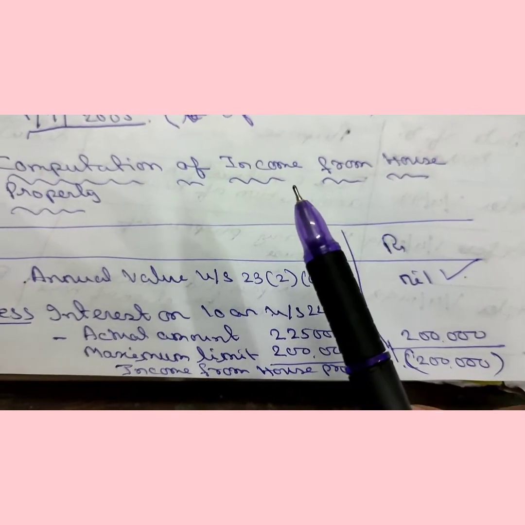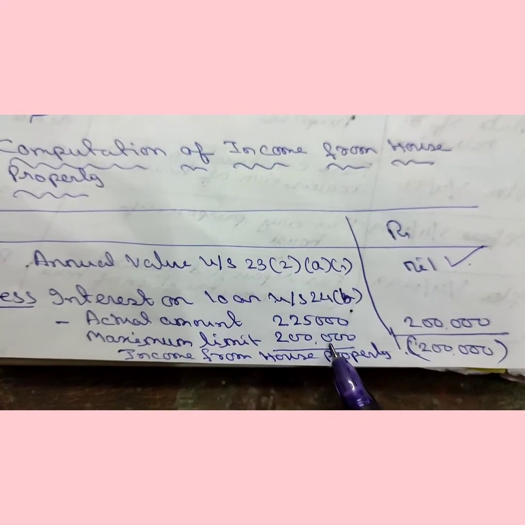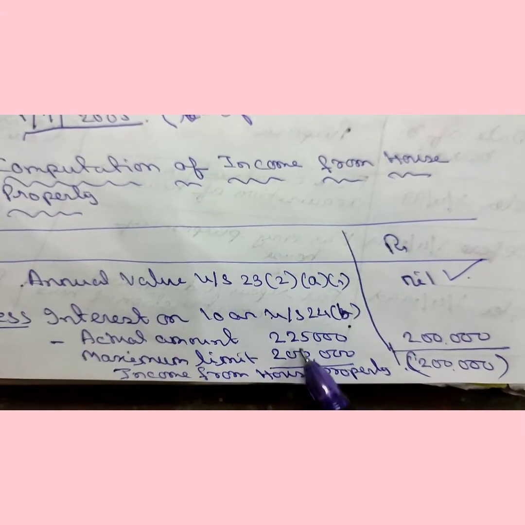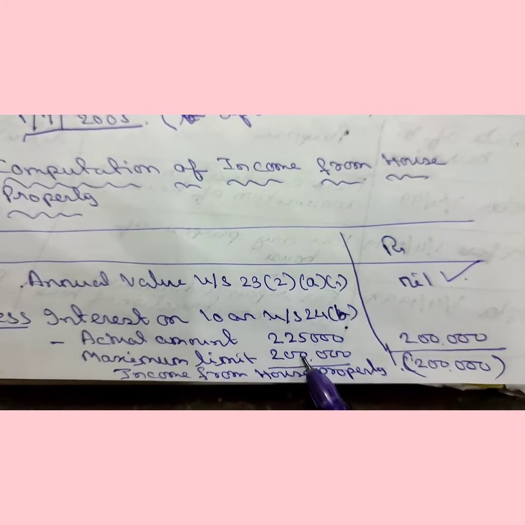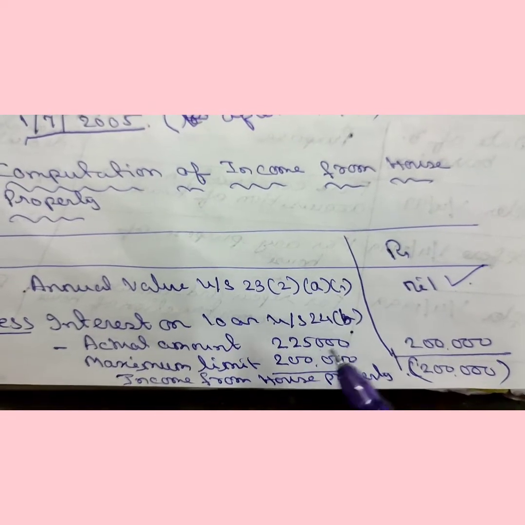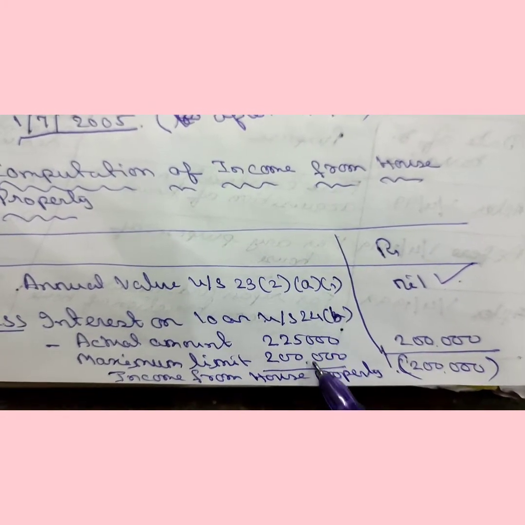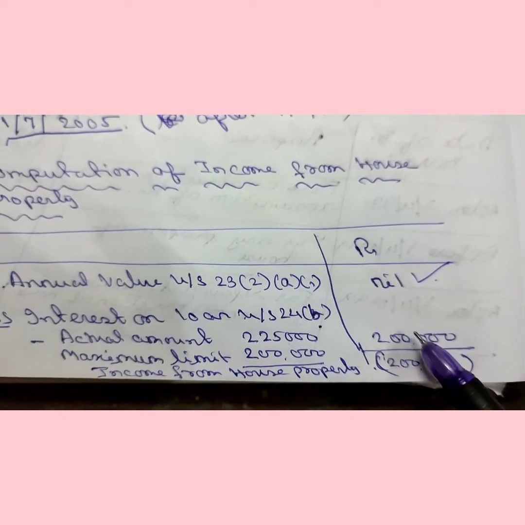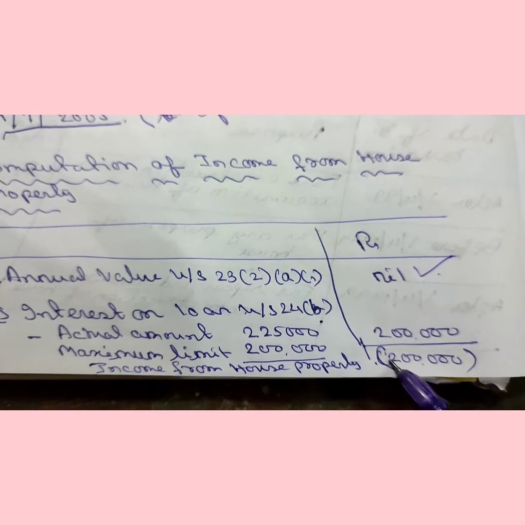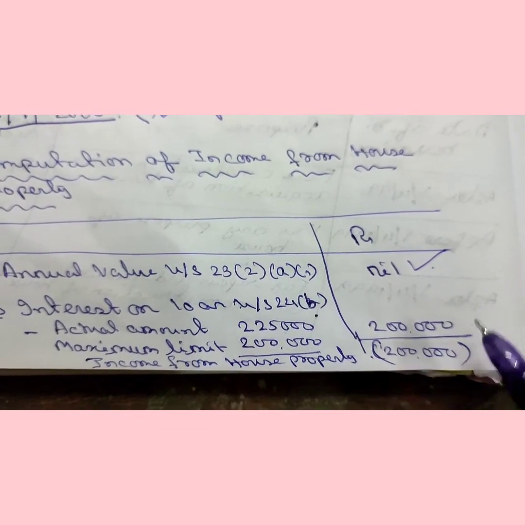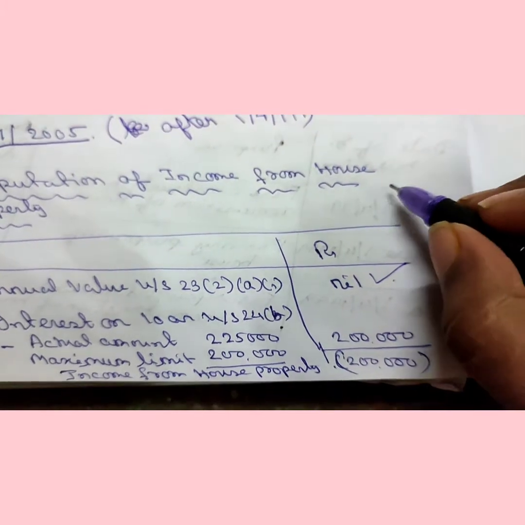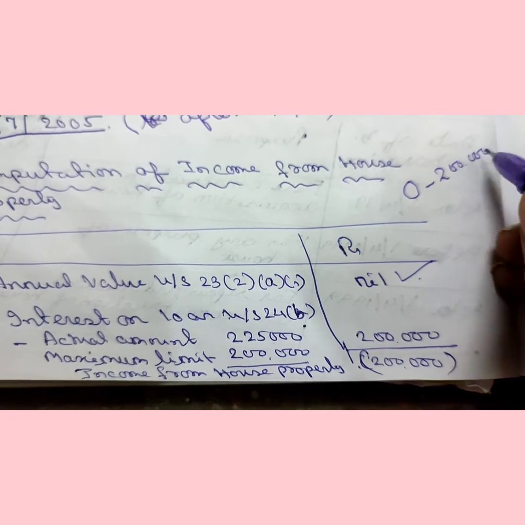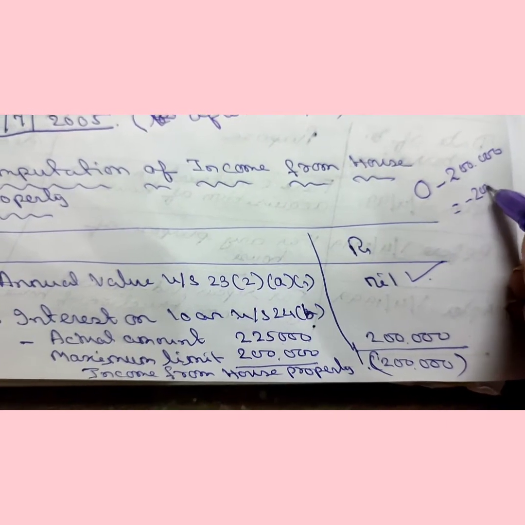It is given in the question. So the maximum limit is, according to our chart, 2 lakhs. So what will be the amount of deduction? This maximum limit, because the deduction cannot exceed the maximum limit. So from nil we are deducting 2 lakhs. The amount will be a negative amount. 0 থেকে যদি আমরা algebraic নিয়মে, according to algebra we know that 0 minus 2 lakhs is equal to minus 2 lakhs.